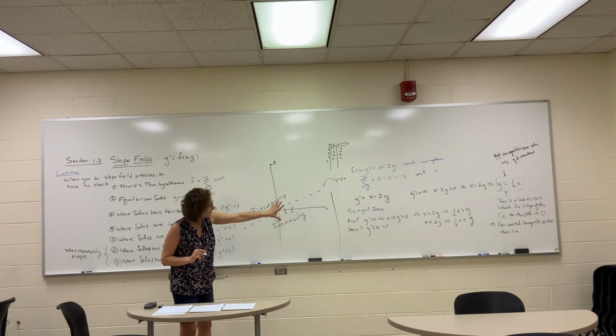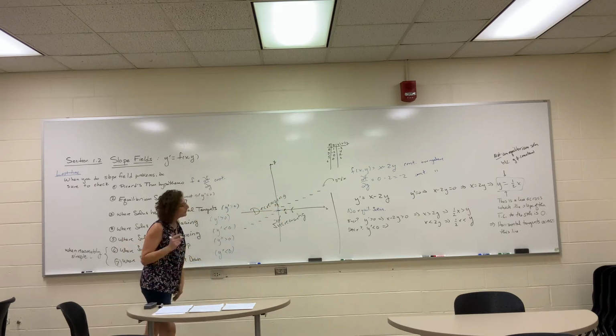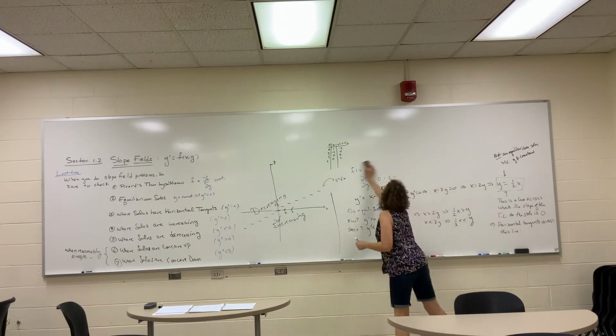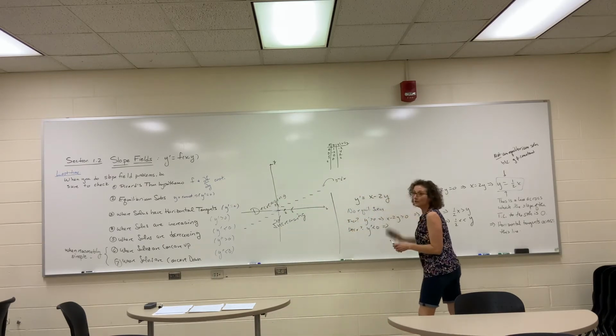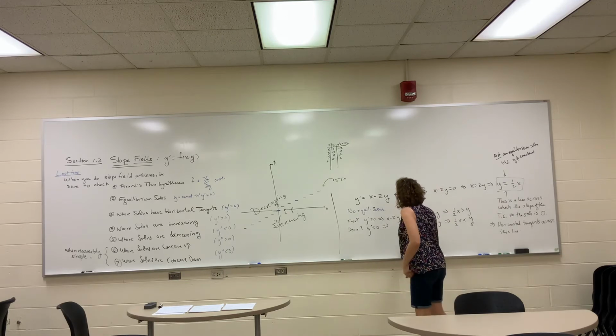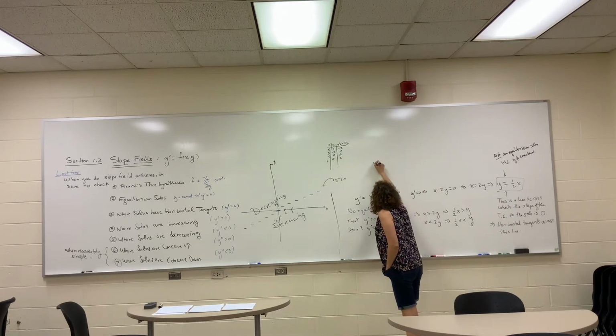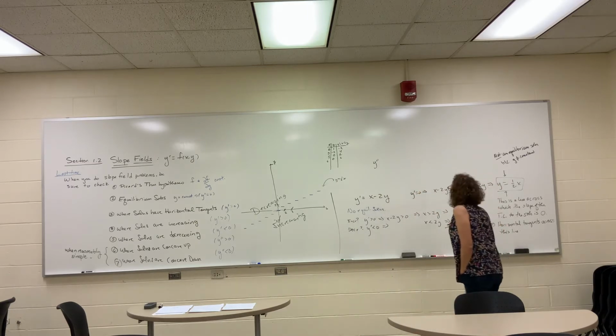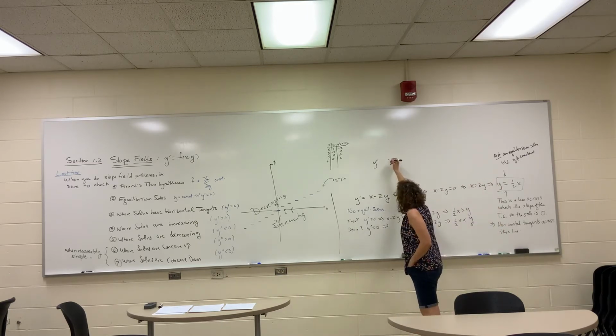So let's jump over to the idea of concavity for this one, okay? So for this one, if we're going to think about concavity, y double prime, now we've got to be a little bit careful, right? So y double prime, here's y prime, okay? What is y double prime?